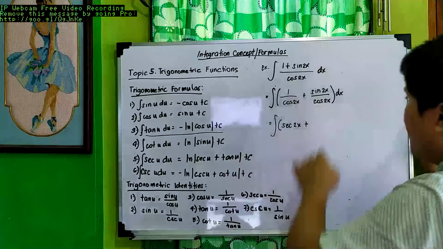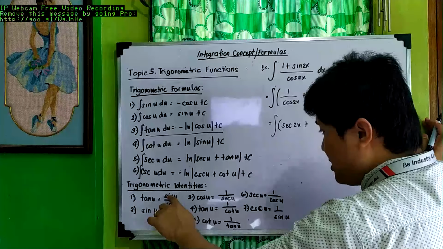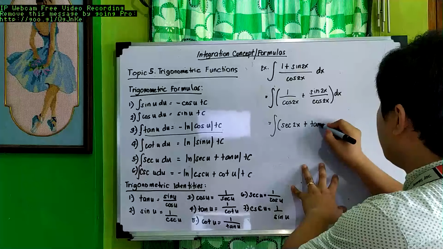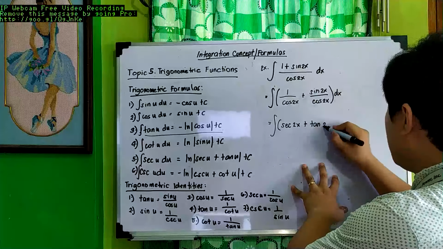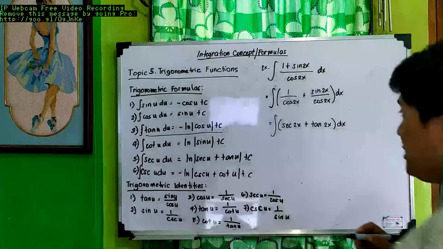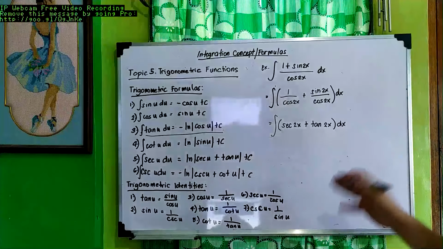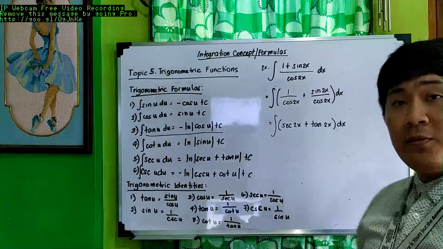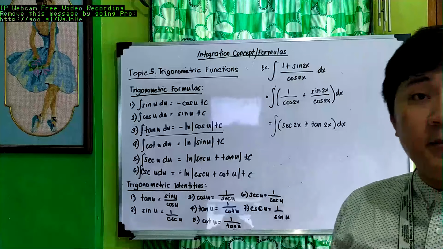Sine 2x over cosine 2x. That is sine u over cosine u, which is equal to tangent 2x dx. Okay? Then we could integrate it separately.